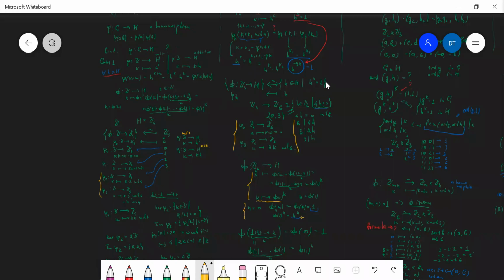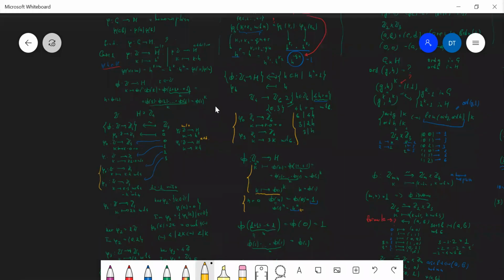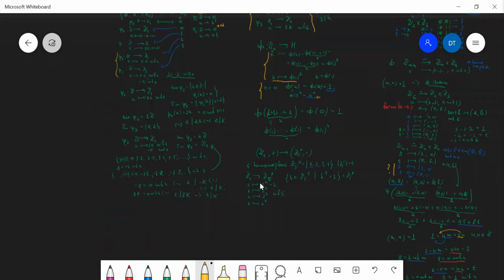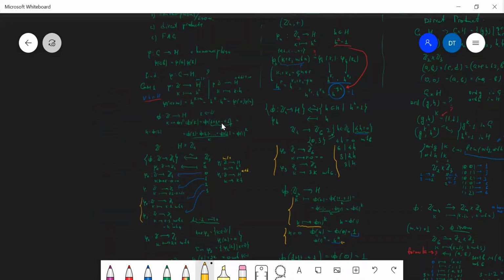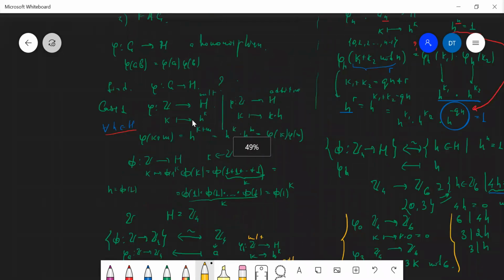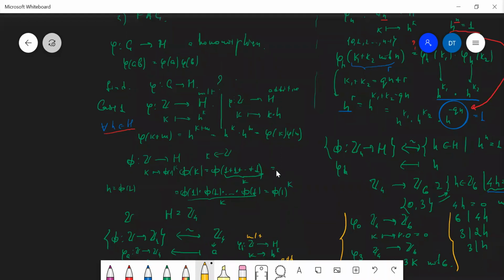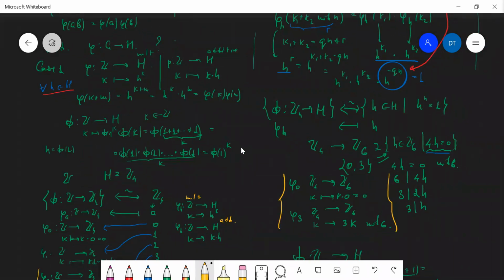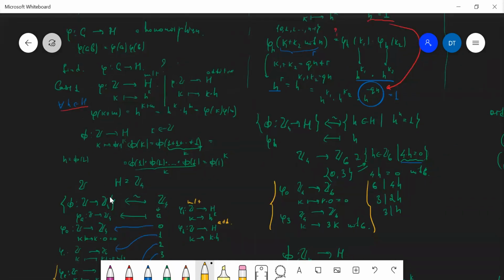So this one, you mean. Yeah, but before going there, did you get the idea for this one? How did we get the case number 1 where we have a homomorphism from Z to H? Because these are completely similar. I don't remember it.